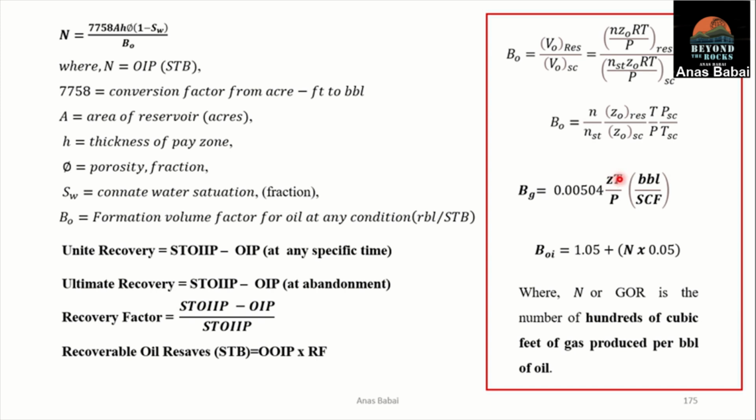The reservoir temperature is the same either in the initial or at any other stage, so that's another assumption. T will not change, Z will change, and P will change because the pressure at the initial condition is not the same as the pressure after production takes place.